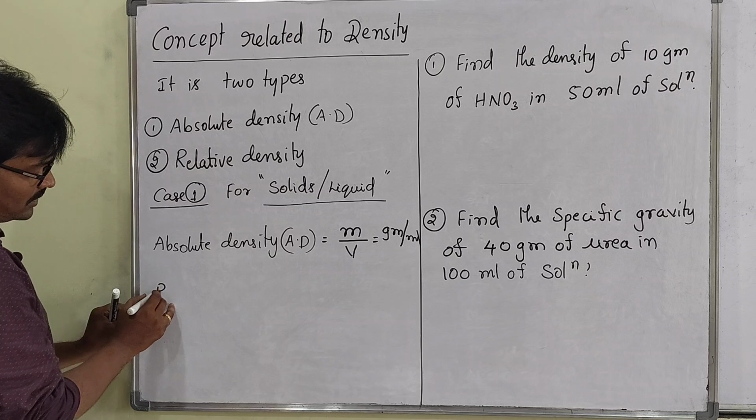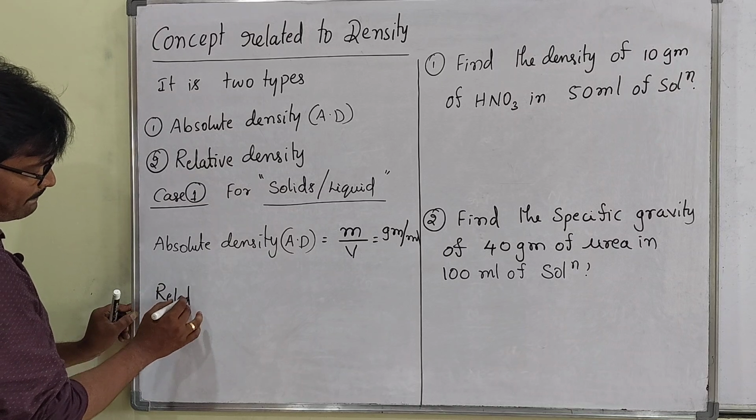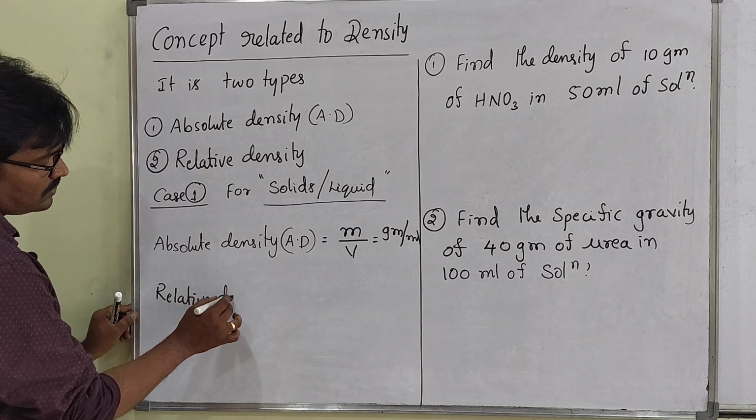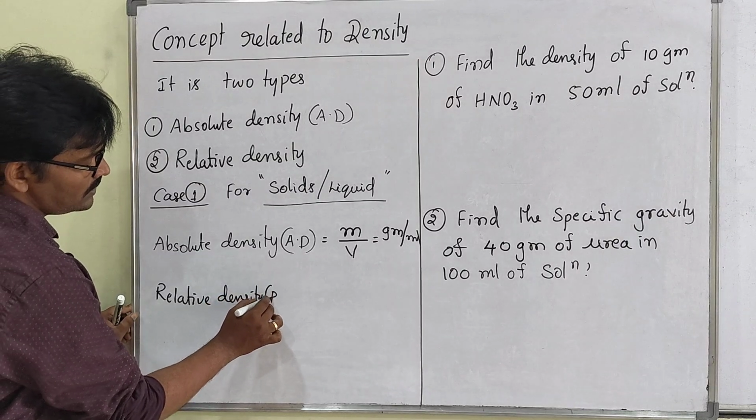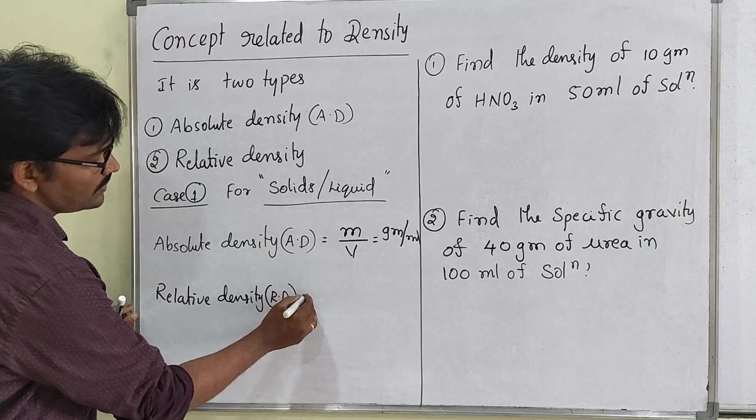Relative density, how do we find it out? RD, we are taking as RD, relative density.